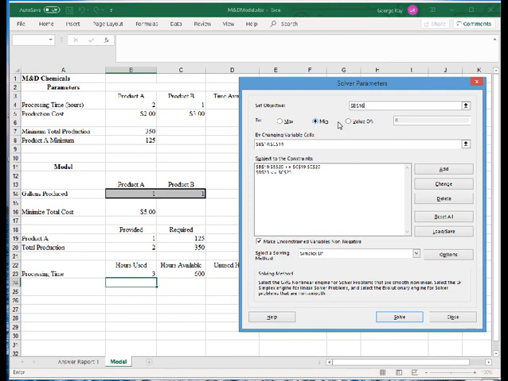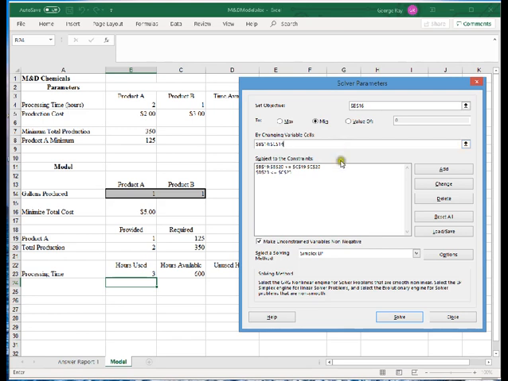The goal with this optimization is to minimize total cost. We're going to do that by changing the quantities of product A and product B that we produce, and as we see here, that's in cells B14 and C14.